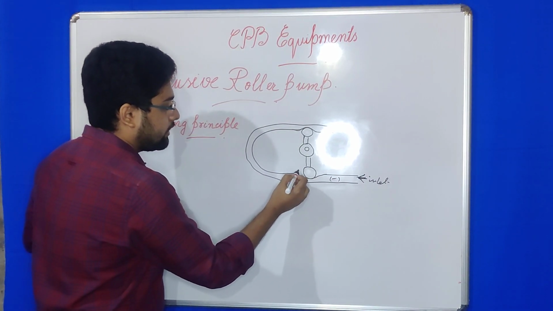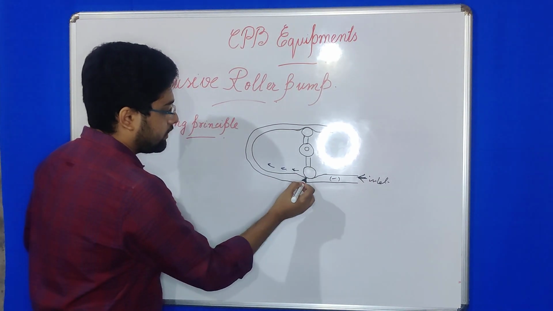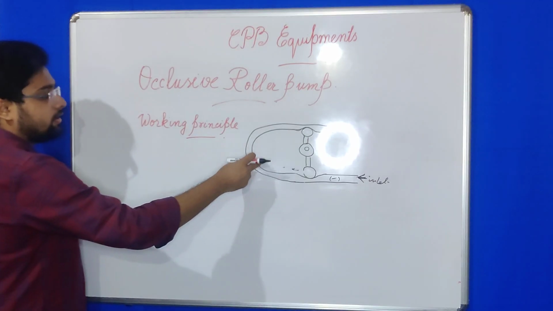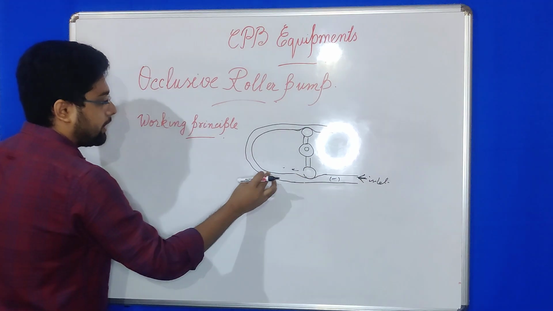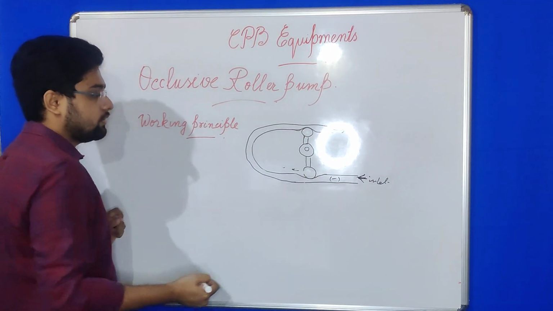And this roller gradually pushes the blood column. Gradually, when this roller moves in this direction, it pushes the blood column towards the exit point.